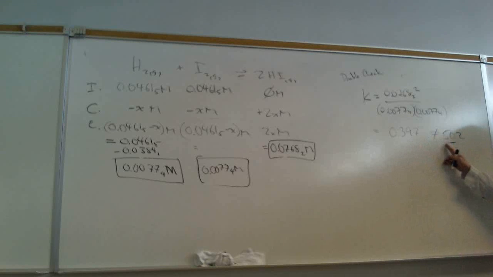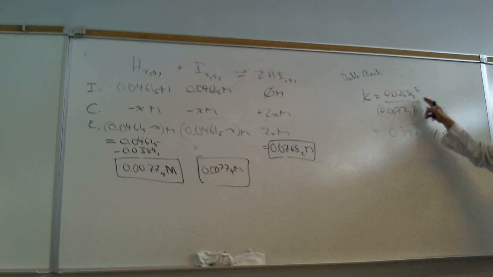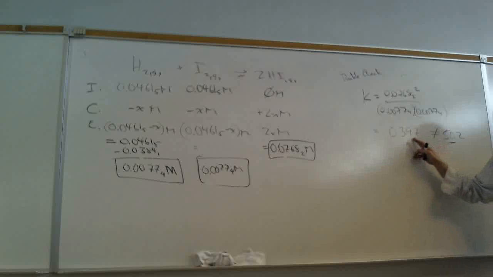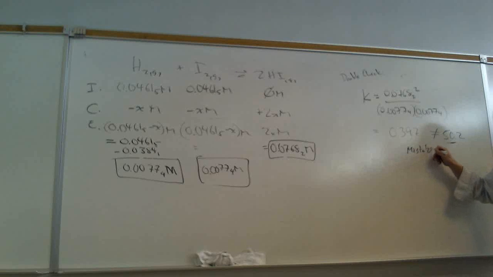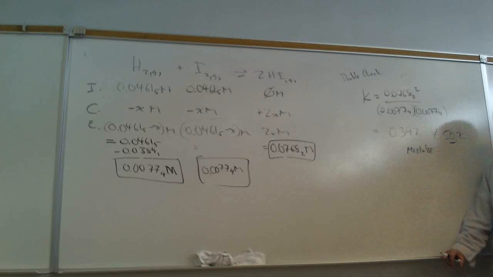Is that close enough to 50.2? The final ratio is supposed to be 50.2. I'm getting 0.397. There's something seriously wrong, right? A mistake was made. And so we need to go back and find out where that mistake is, because this is just way off.